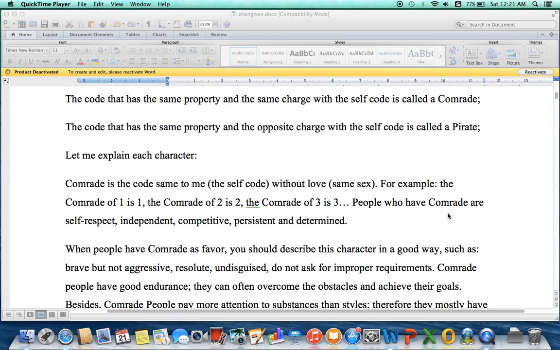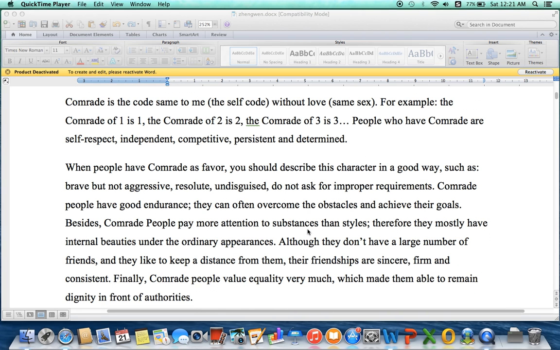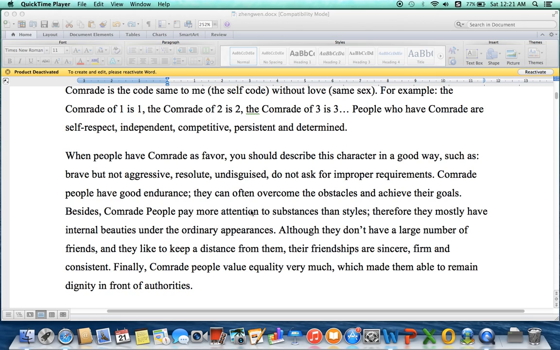People, if you have comrade, you are self-respecting, independent, competitive, persistent, and determined. And when we give a fortune telling, there are two ways to do it. When comrade serves as favor, you should describe this character in a good way, such as brave but not aggressive, resolute, and disguised.